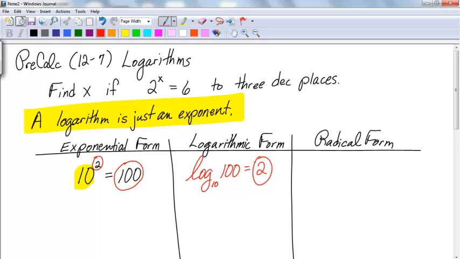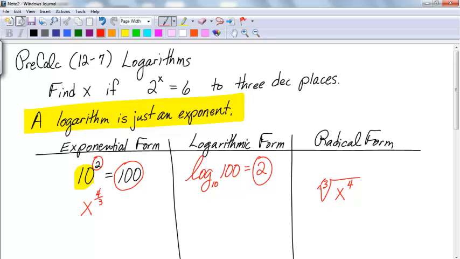For right now, we're not really going to worry about the radical form, but you should be able to go back and forth. Example, if I did the cube root of x to the 4th, that's radical form. What would that be in exponential form? X to the 4 thirds, right?